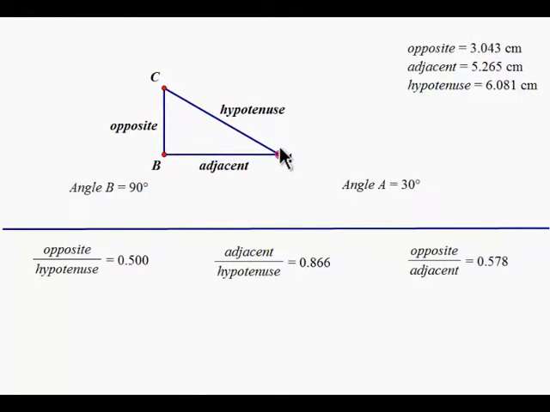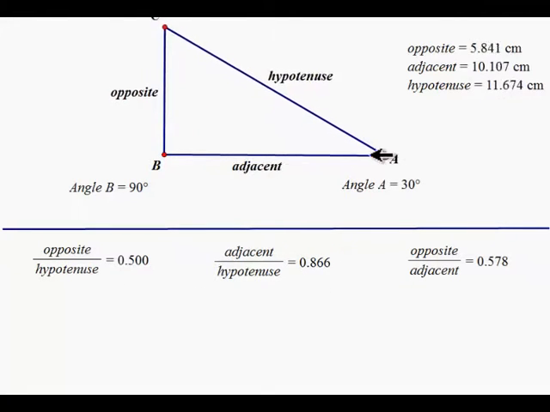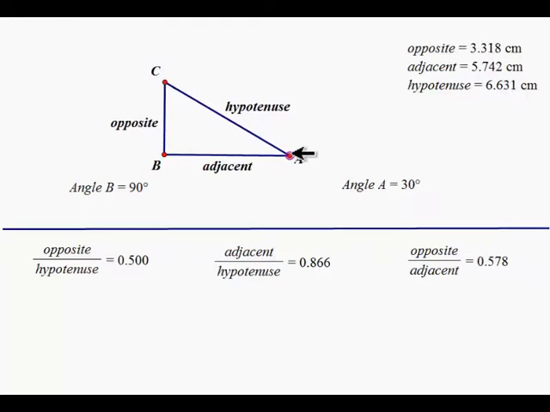So since the proportions are the same between the sides, that means when we divide different combinations of the sides, we should get the same numbers for any of these triangles. Notice that that's true. I've programmed it to calculate the ratio of the opposite to the hypotenuse, the adjacent to the hypotenuse, and the opposite to the adjacent sides.